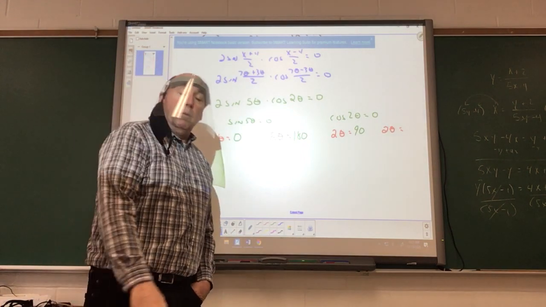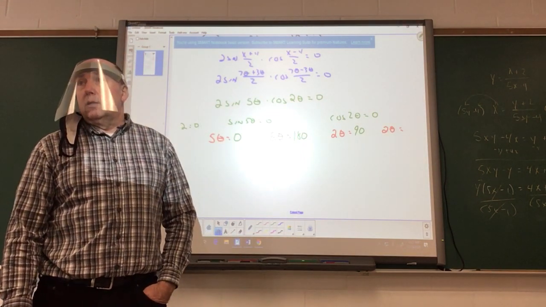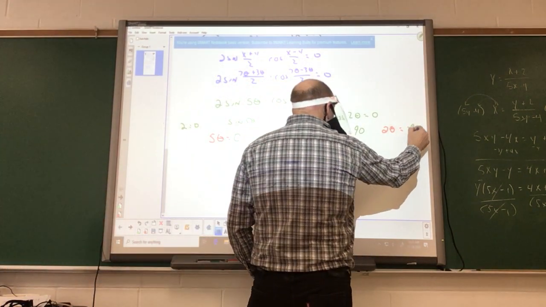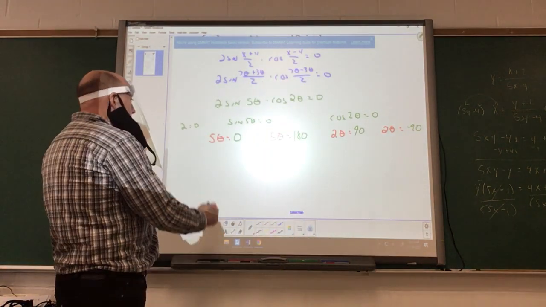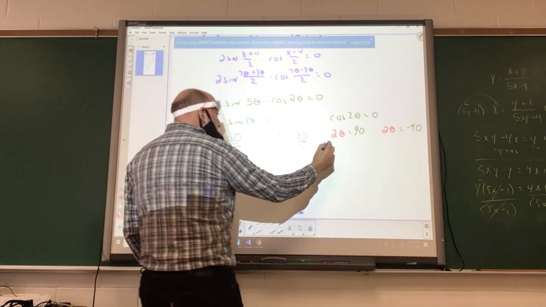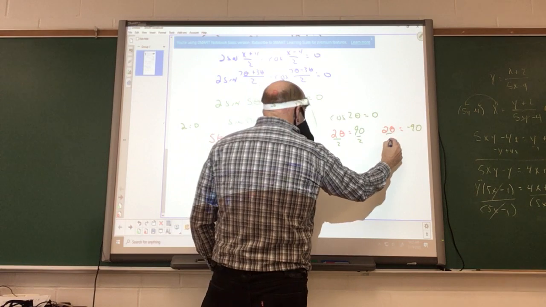Inverse cosine, what do we do with the second value? Take its opposite. So we have negative 90. Divide everything by 5 on one side and by 2 on the other.